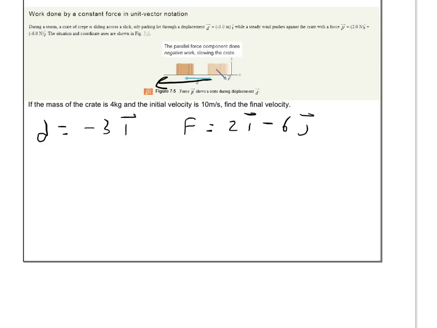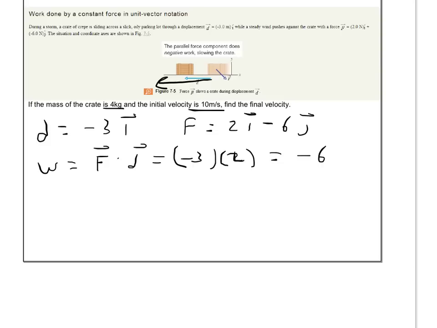The question is, if the mass of the crate is 4 kilograms and the initial velocity is 10 meters per second, find the final velocity. Well, we know that the work equals F dot displacement, which in this case is just negative 3 times 2, which is negative 6. So if there's negative work done on it, we expect that we're going to slow down the crate.